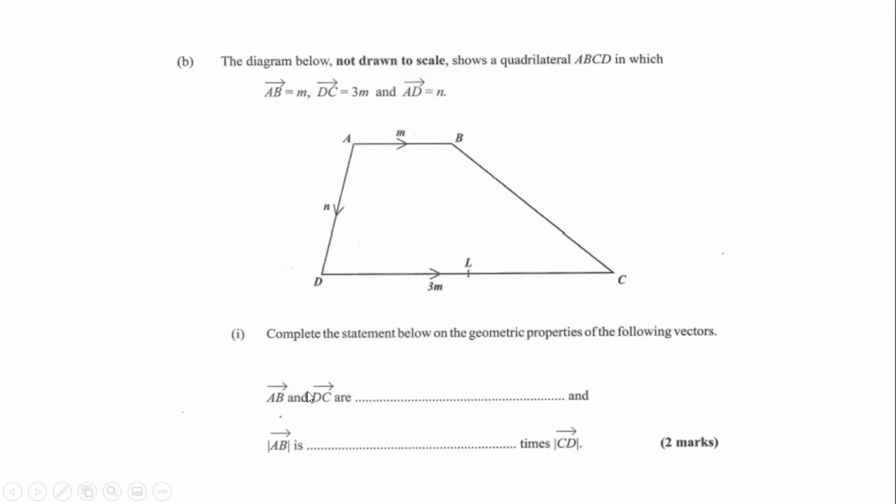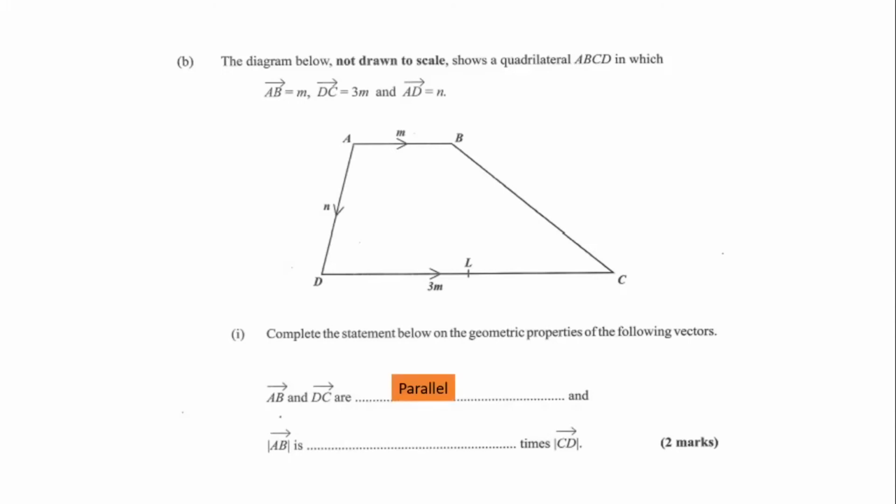So vectors AB and DC, based on the direction in which they're going and how they're positioned, we know that AB and DC are parallel.